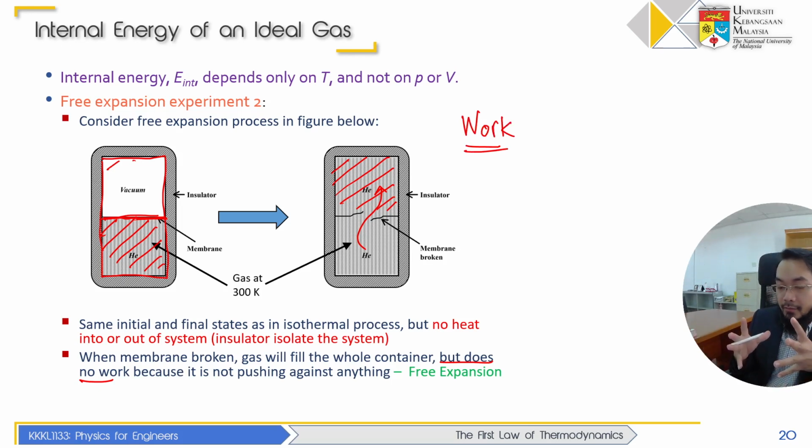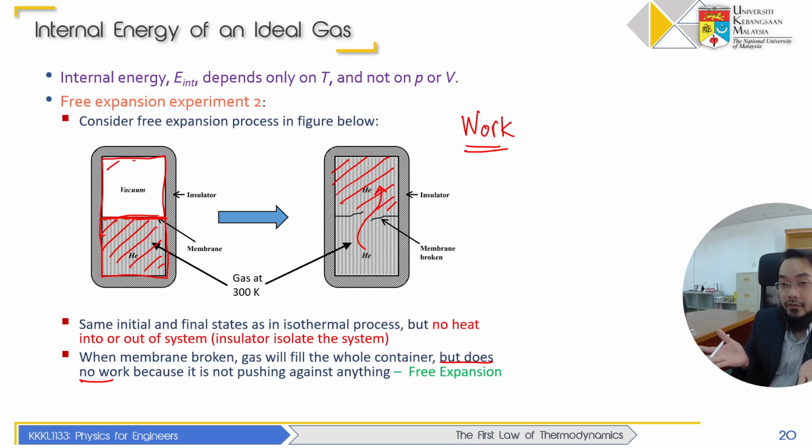Either the boundary is being pushed to expand, or part of the wall is being pushed out, like a piston. If the volume of the boundary does not change, there's no physical work done, because work done must be a physical thing.